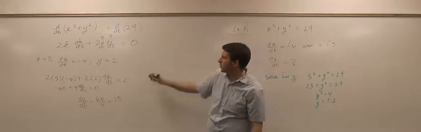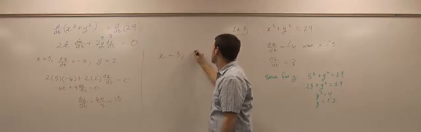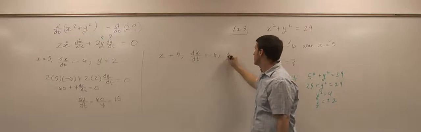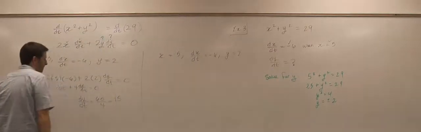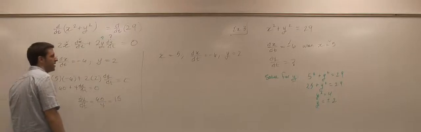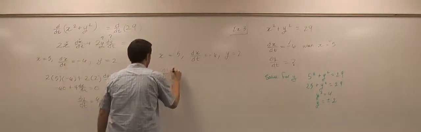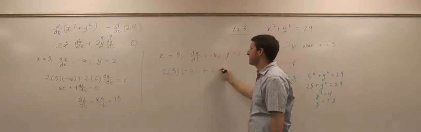For the next one, when you do y equals negative 2, then we would have 2, 5, all the same, except we plug in negative 2.